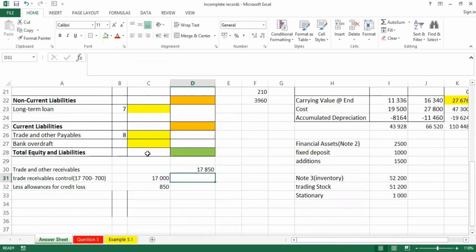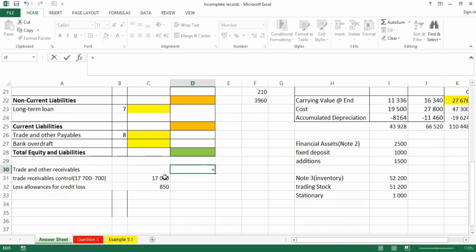Not add, minus. We're supposed to say this minus this, because it's trade and other receivables control less our allowances for credit loss. So we minus the two amounts, not add.